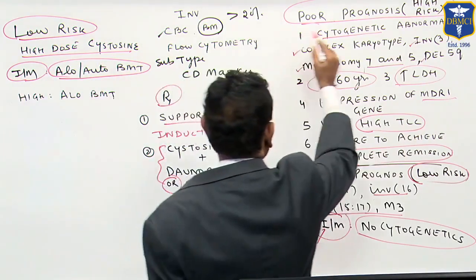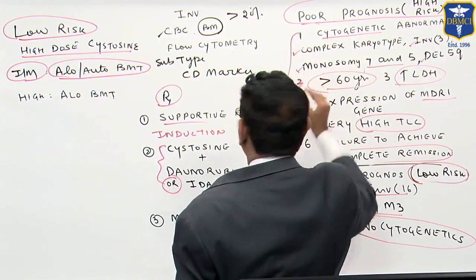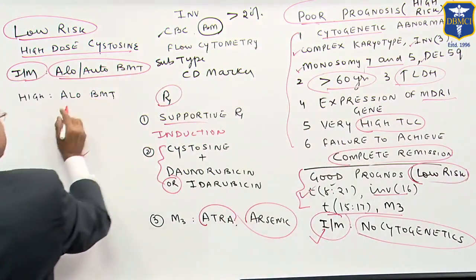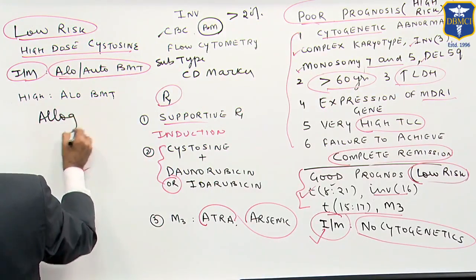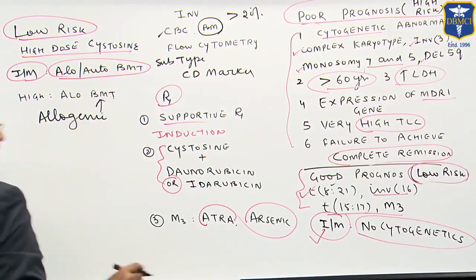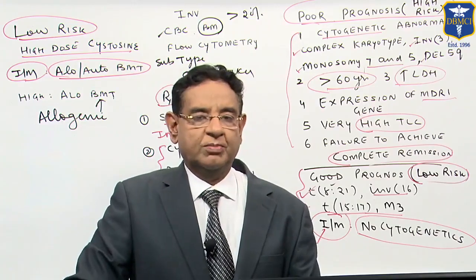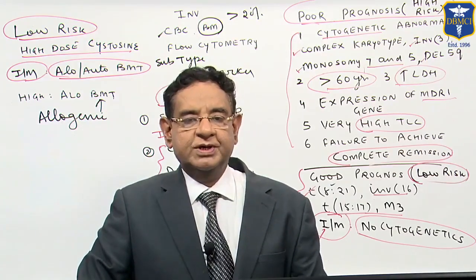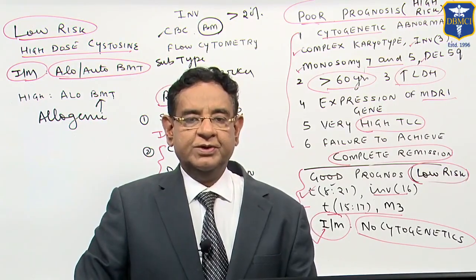But in poor prognosis or so-called high risk cases like this, we always go for allogenic bone marrow transplantation. This is all about acute myeloid leukemia. Thank you very much.